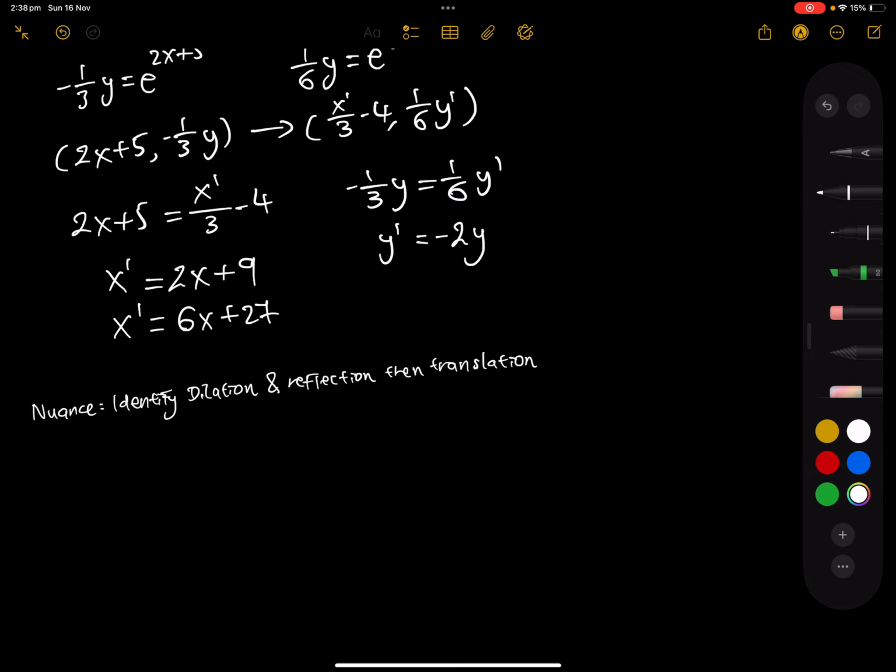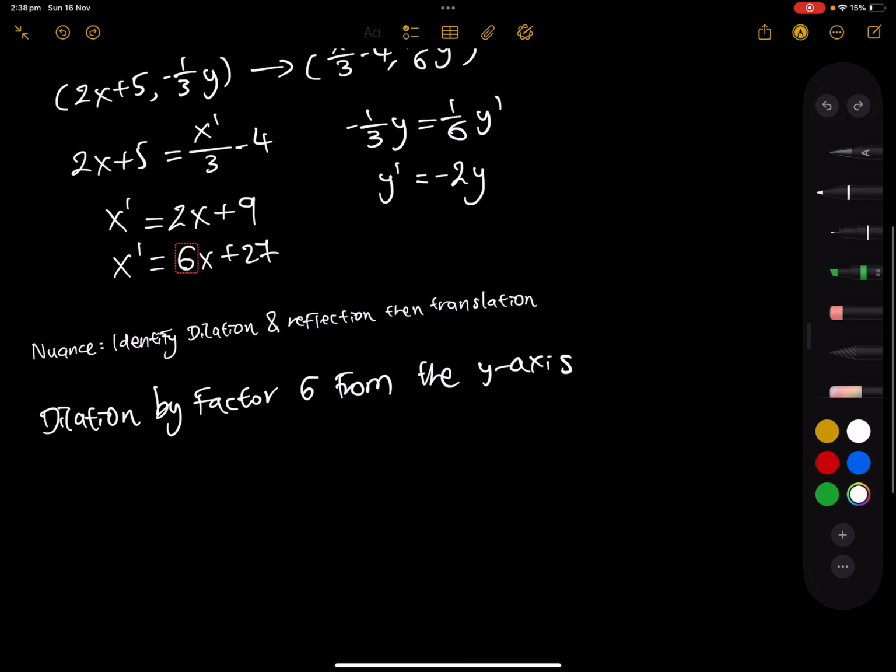So, we start off by looking at this. That is a dilation by factor 6 from the y-axis. Why? Because we're multiplying our x-coordinates by 6. So then we're stretching out our graph horizontally, dilating away or pulling away from the y-axis.